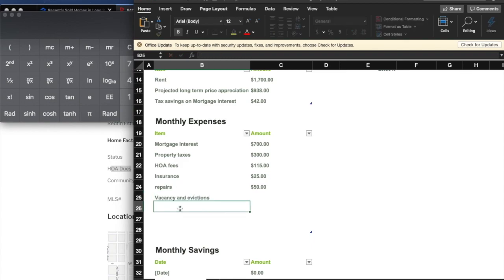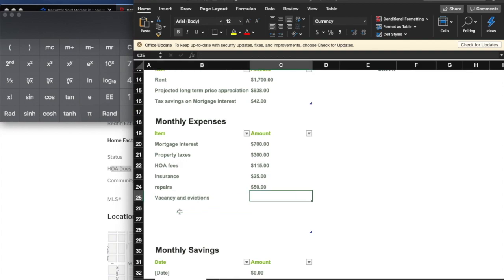Keep in mind, a tenant might move out and you might not find someone immediately. I usually find someone really fast. I don't let properties be empty for longer than a few days. But even worse is evictions. That's a nightmare. If an eviction happens, that's really bad.